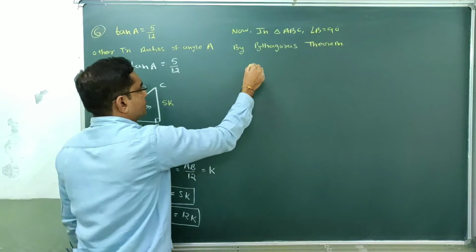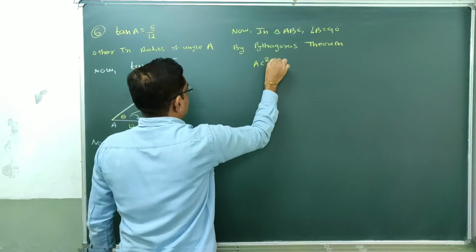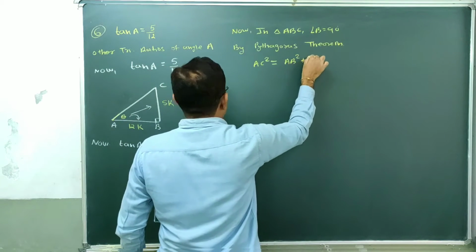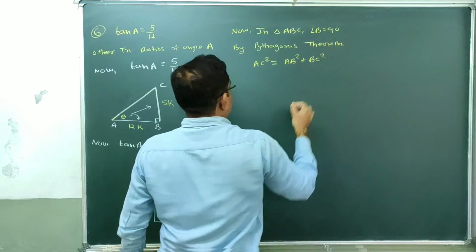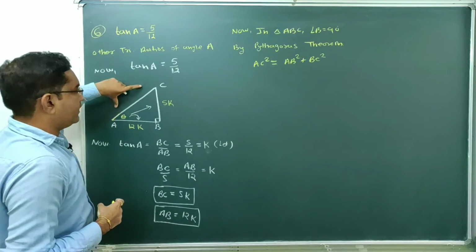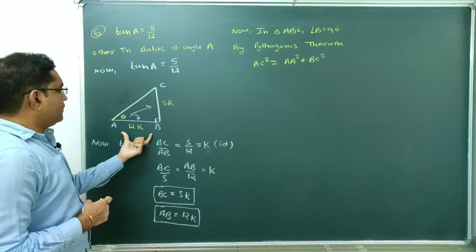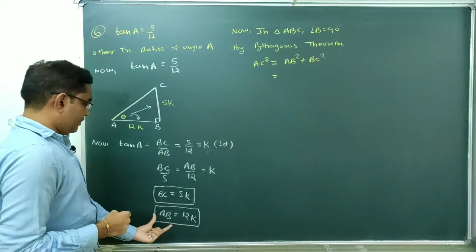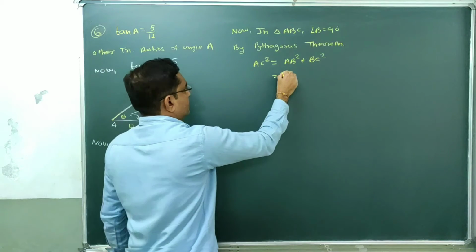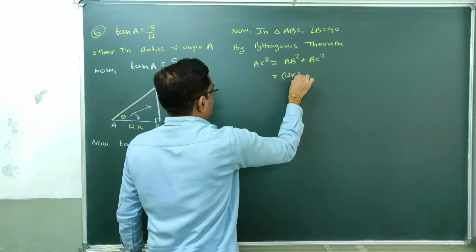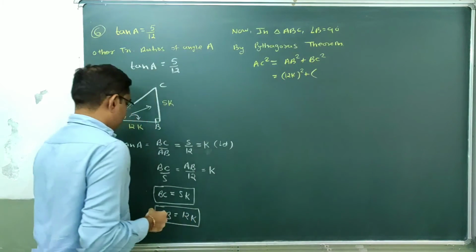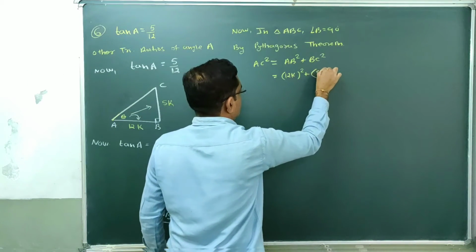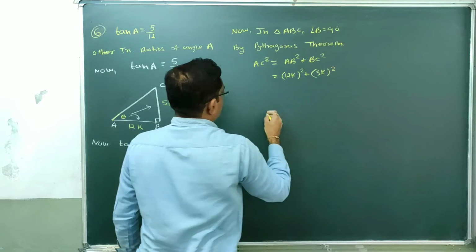So it's a AC square equal to square of hypotenuse is equal to sum of square of its two sides. So hypotenuse is AC, so it's a AC square which is equal to AB square plus BC square. So here AB is 12K, so it's a 12K square plus BC is 5K, so it's a 5K whole square.